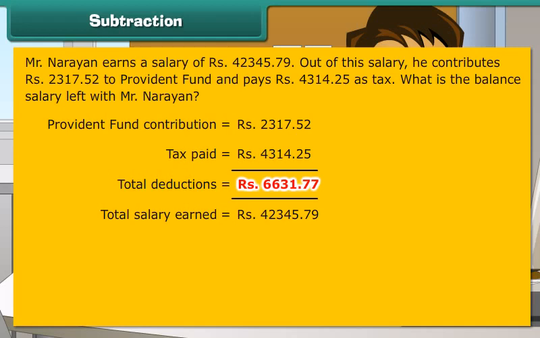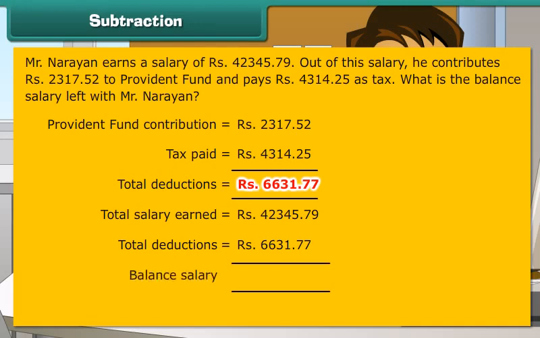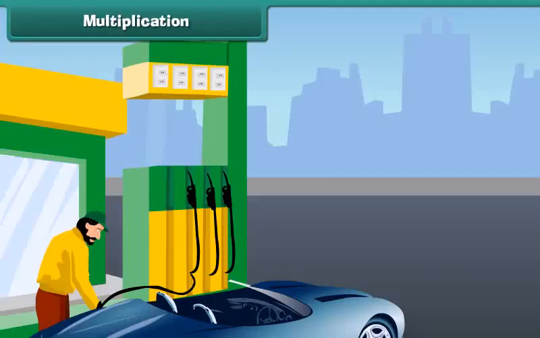Multiplication. Rajat's car covers a distance of 12.5 km in a litre of petrol. How much distance will the car cover in 5.5 litres of petrol? Distance covered in a litre of petrol is 12.5 km.